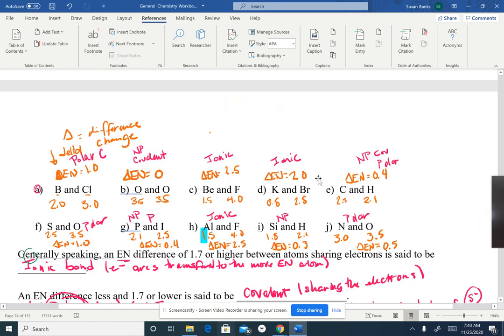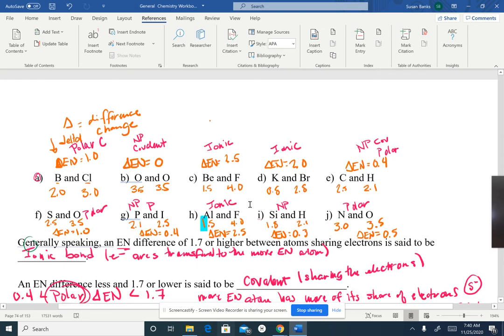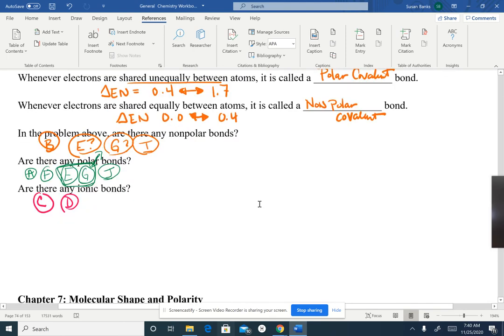Let's see. E is nonpolar, polar, polar. H is ionic. So we're going to put H there. Okay. So just based on electronegativity, we can determine if we have polar, nonpolar, or ionic bonds.